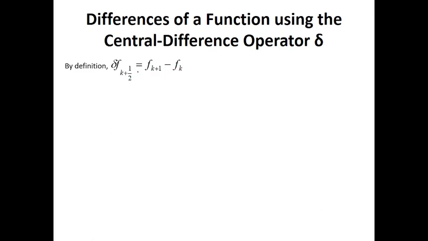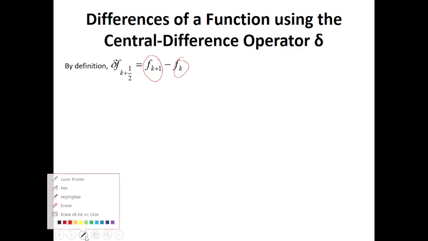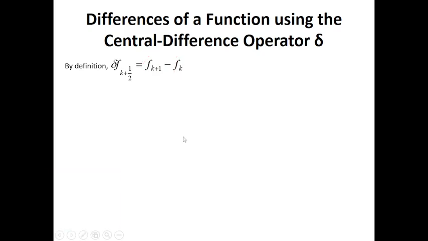So this is the formula in finding the first central differences of the function. We subtract the preceding functional value from the successive functional value. And this is true for every integer k, whether k is negative or 0 or positive integer.